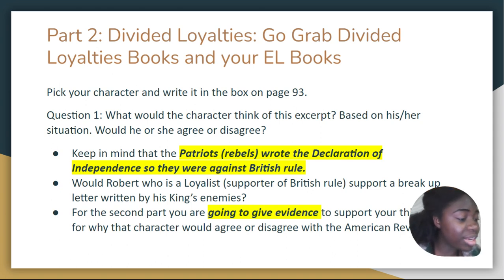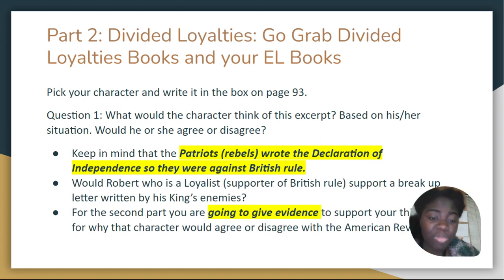From what you have read in Divided Loyalties, in your opinion, what would the character think of this excerpt of the Declaration of Independence? Based on his or her situation, would he or she agree? Why or why not? Use your Divided Loyalties text to complete the note catcher below.